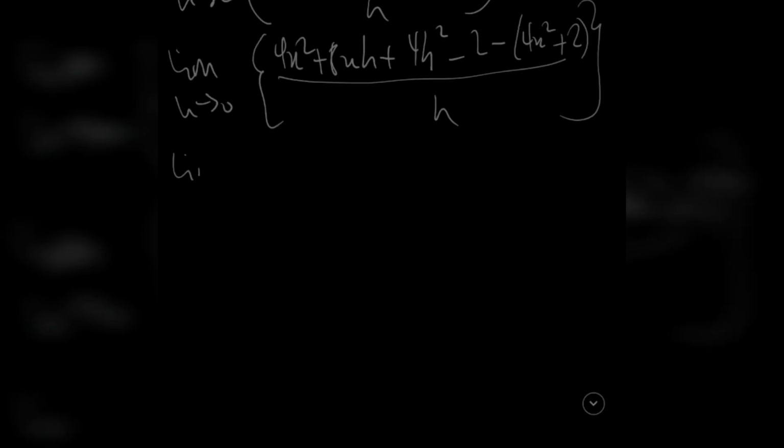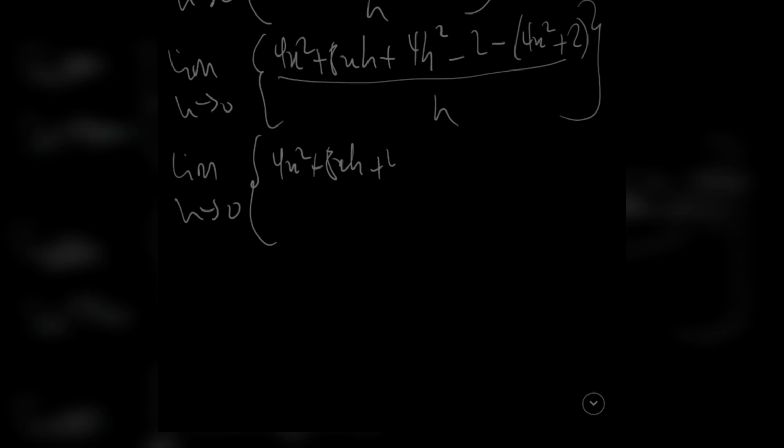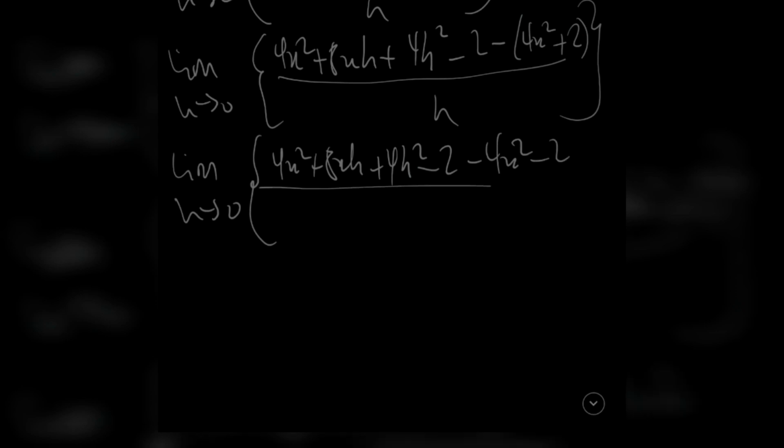Okay, so we get 4x squared plus 8xh plus 4h squared plus 2. Expanding this bracket gives us minus 4x squared minus 2 all over h. The 4x squared minus 4x squared will be gone. Right, okay, this is plus 2, sorry. It's a plus 2 over here, so 2 minus 2 will be gone.